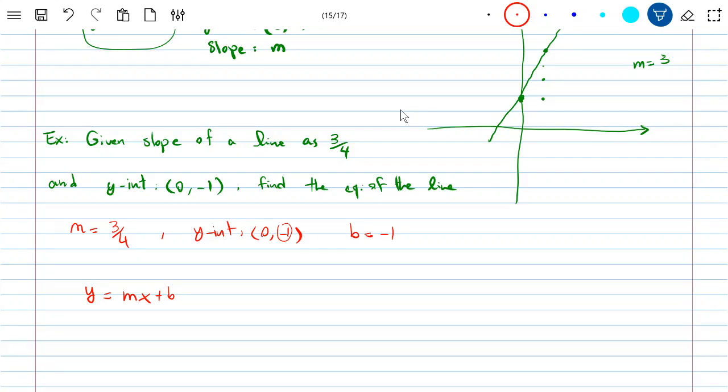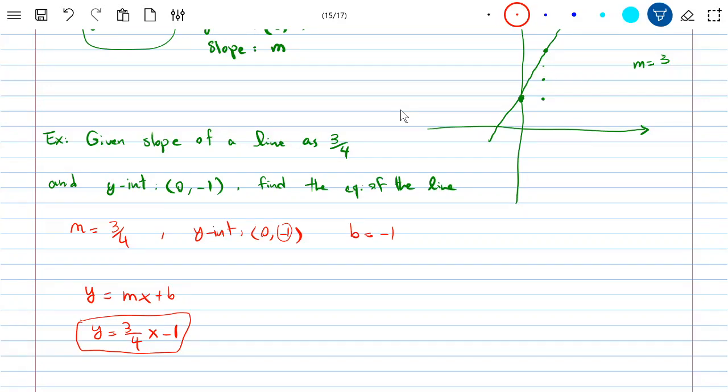You're already given m and b. So the equation would be y equals 3/4 x plus -1, which you can write as minus 1. This is the equation of the line. Very easy, if you remember the slope y-intercept format.